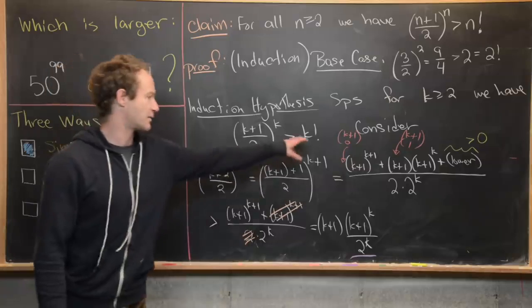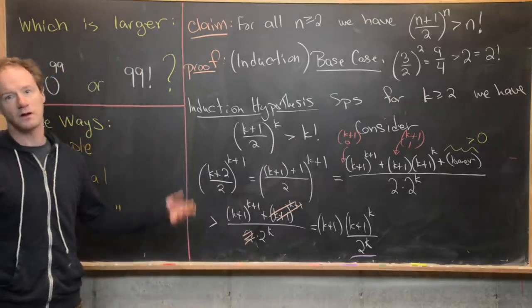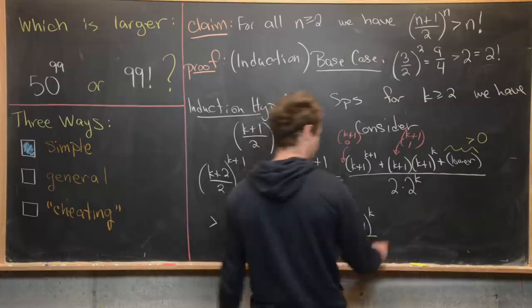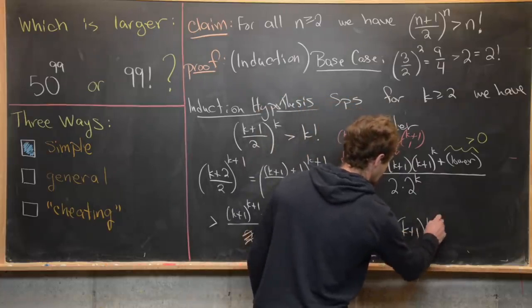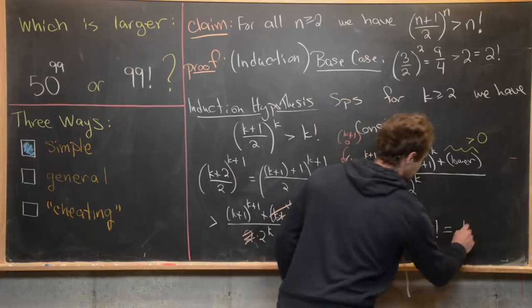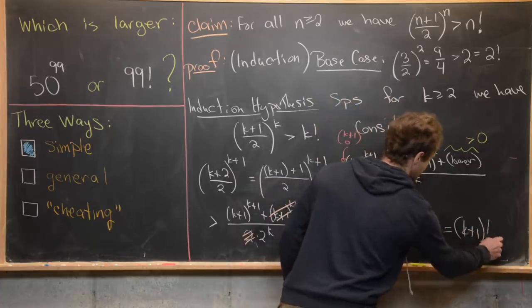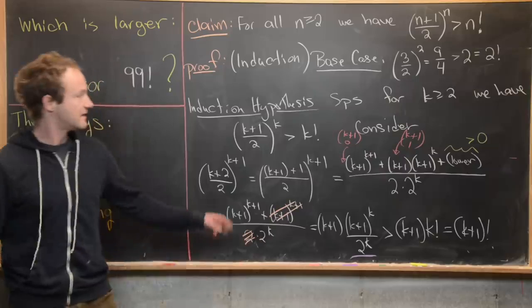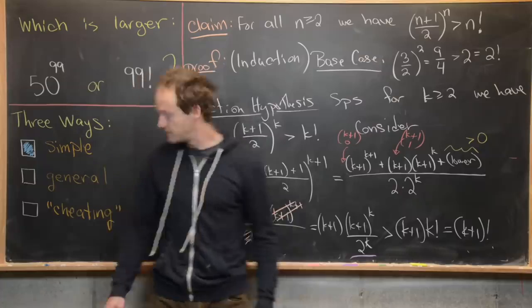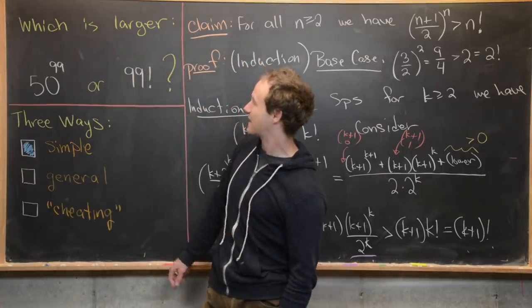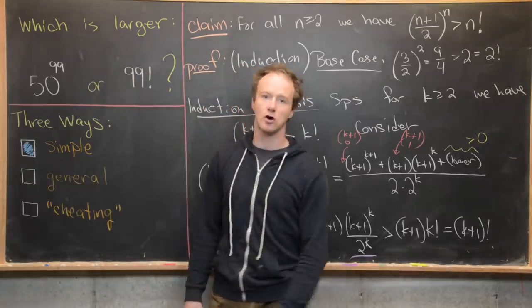So that means I can replace that with k factorial if I put the correct inequality. So this is going to be bigger than k plus 1 times k factorial, but k plus 1 times k factorial is k plus 1 factorial. And thus, we've established this claim by induction, and the 99th case of this claim is our goal statement.